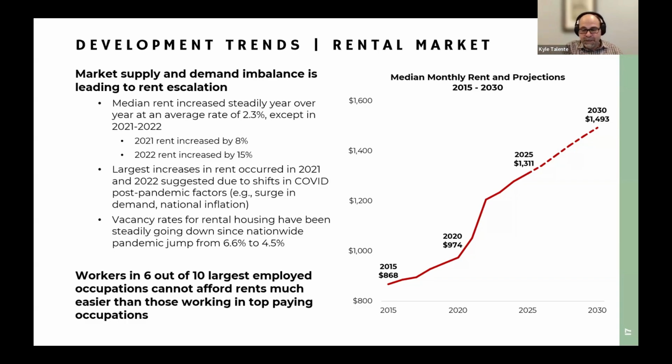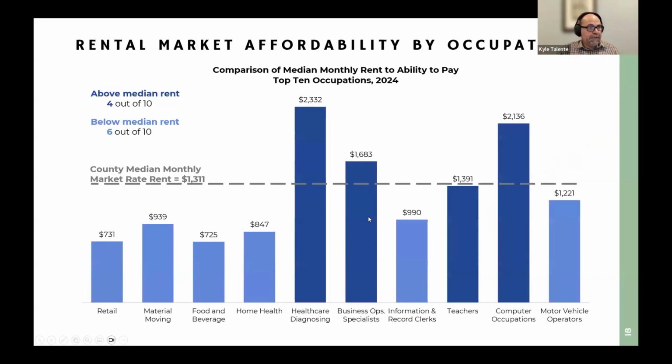The reality is once again, I go back to my first point, Roanoke County is a place that people want to live, and when there's more people that want to live there than there's housing being developed, it creates price escalation, both on the rental side, and we're about to talk about the ownership side.